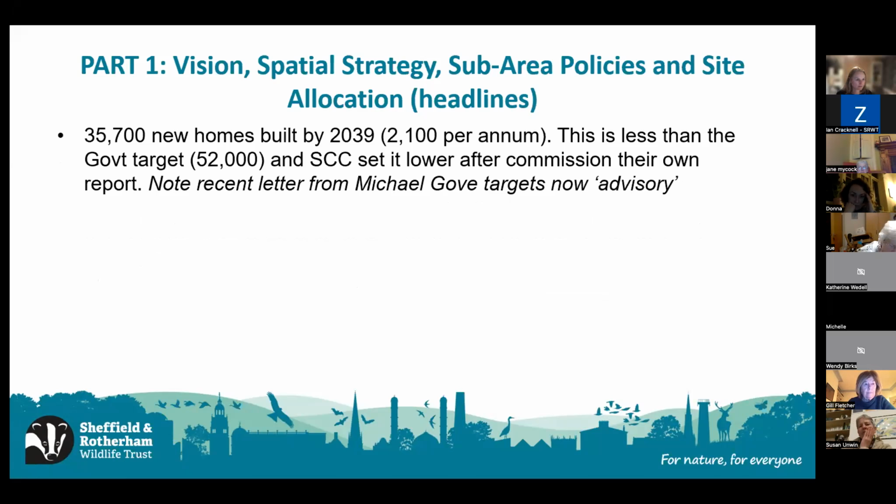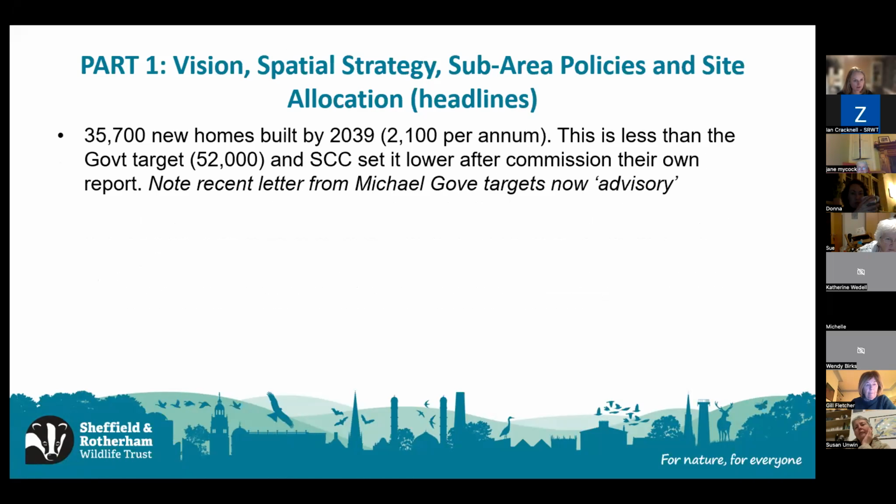Now, headline numbers. The plan would cover the building of 35,700 new homes by 2039, which is 2,100 a year. And this is less than the target that the government gave Sheffield a little while ago.